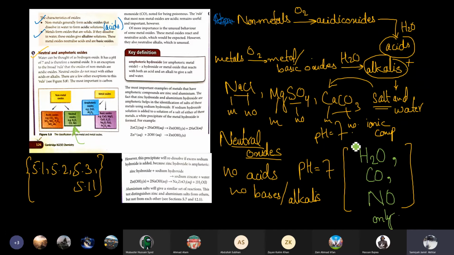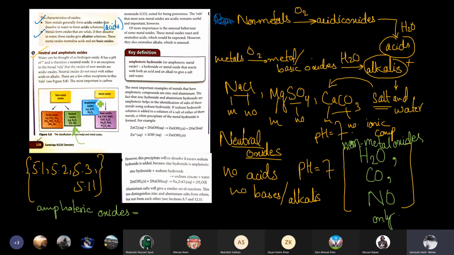Neutral oxides are actually non-metal oxides, but these non-metal oxides are neutral in nature. The rest of the non-metal oxides are acidic. Similarly, the next topic is amphoteric oxide. There are only two amphoteric oxides, and the rest of the metal oxides are basic.